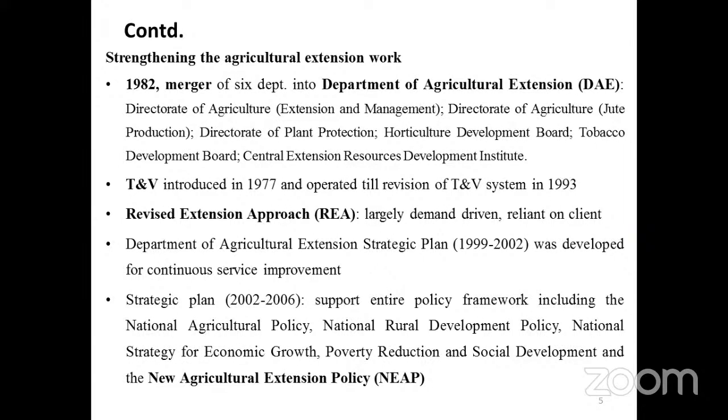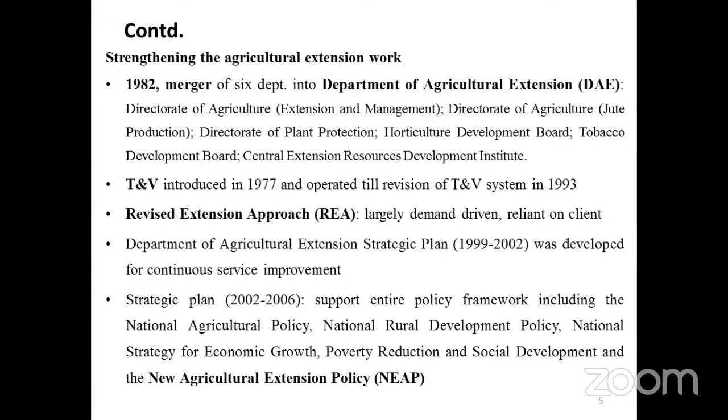Then they had a revised extension approach, which was mostly demand driven and relied on clients. Then they had different plans, just like us. Different programs were introduced in India, and the same way, they also had different programs.